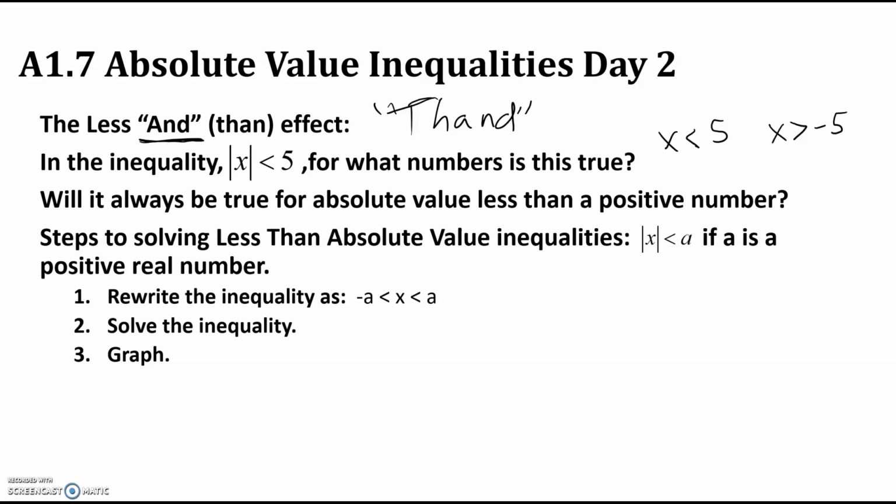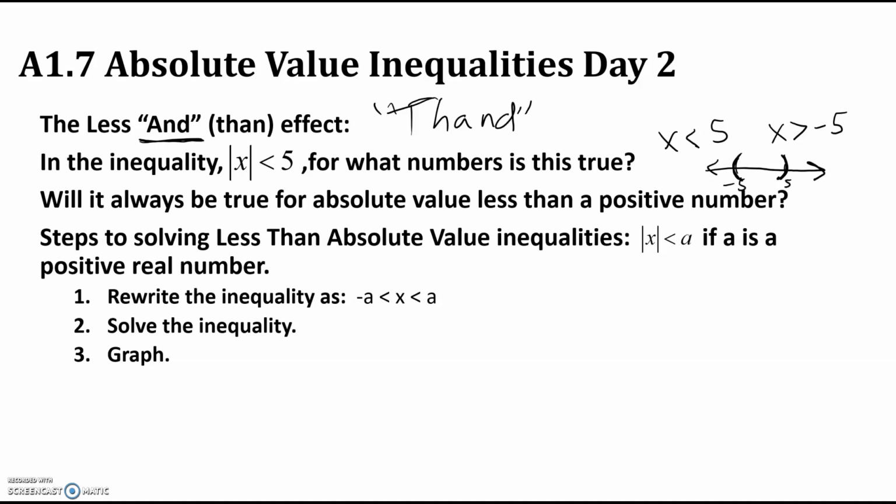Okay, so think about that. If I were to graph that on a number line, this would be between negative 5 and 5. So in between: less than 5, greater than negative 5, and it does not include those numbers. So remember, if we graph with our interval notation, that's just a set of parentheses.